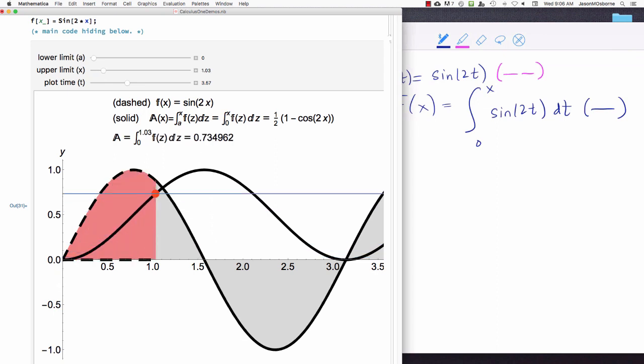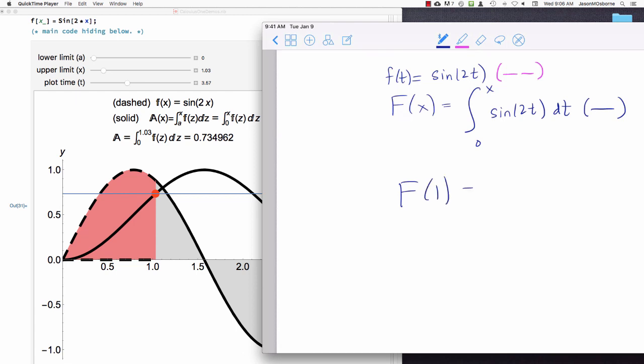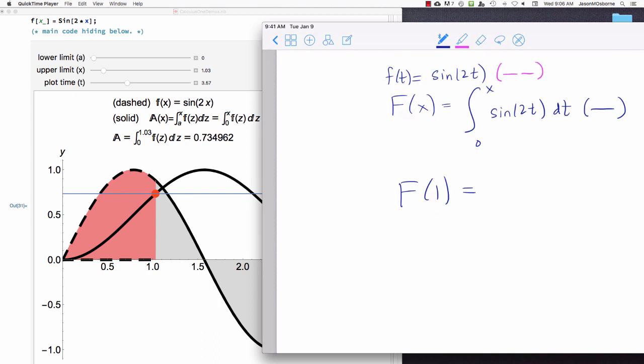Okay. Now what we're seeing on the screen is what is capital F of 1. Can we see that? Capital F of 1 is the red shaded region, right? Or it's the red shaded region under the dotted line graph, or it's the red dot on the solid line graph.